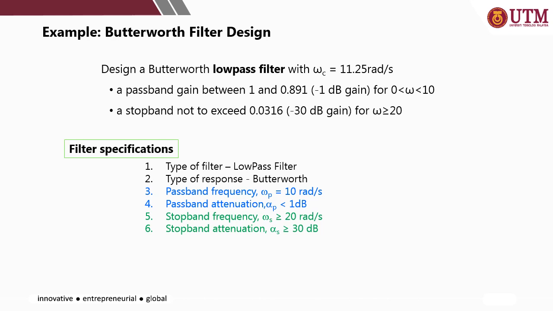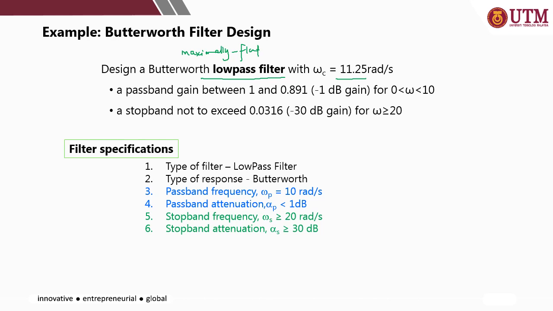All right, so the design of a Butterworth low pass filter. This is a maximally flat type of filter with the cutoff frequency 11.25, and the pass band gain and stop band characteristics are given.